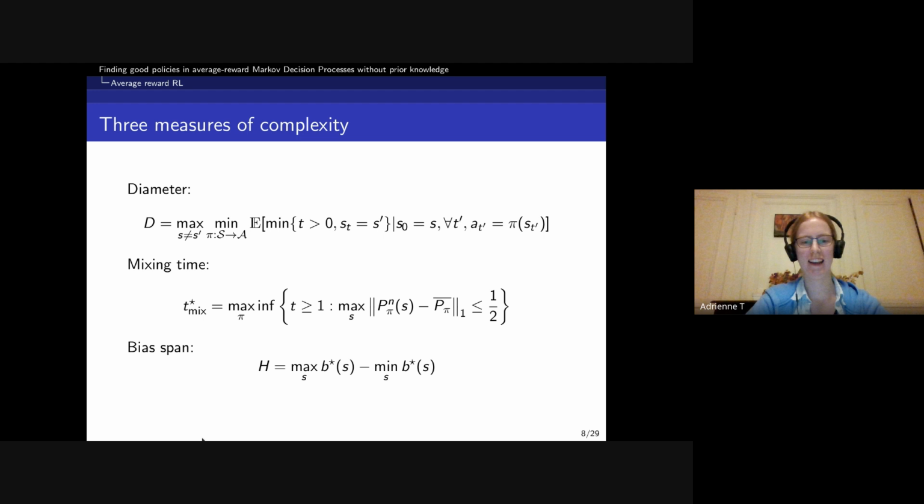There's another that's the mixing time, which we won't really focus on, but it's still important enough in the literature to bring up. And so the mixing time is the time necessary for the distribution of the states to be close enough to the asymptotic distribution. So as you progress through time, the distribution of the states that your agent will be in is a probability distribution, and it will at some point converge towards the asymptotic one.